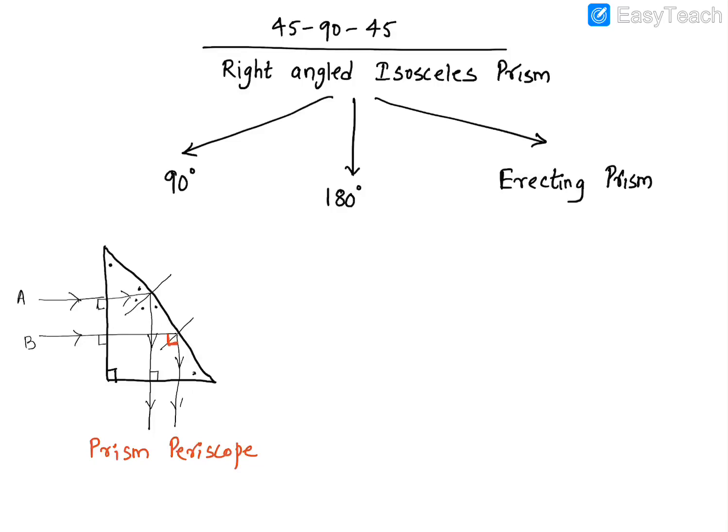There is one more use that they have given in the textbook, binoculars. You do not have in your portion how it is used. You just need to remember that these are the uses. That's all.